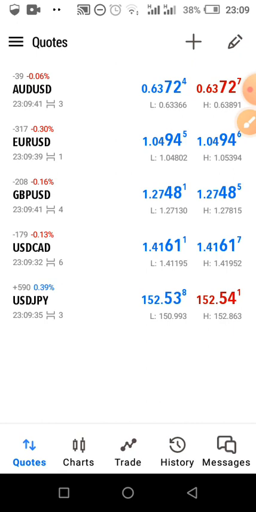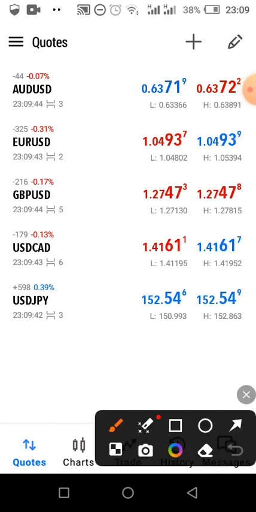Now, if you are going to open a sell trade, you will not be able to gain the positive swap, where you actually gain money by opening a trade where the base currency has a higher interest rate compared to the quote currency.